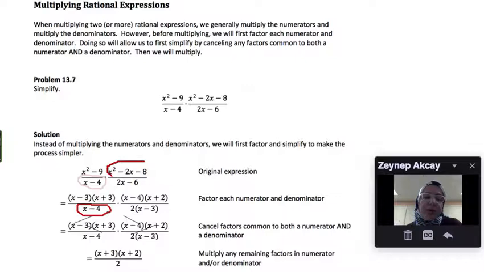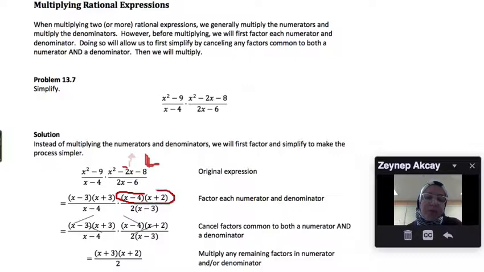The second numerator is a trinomial, which has 3 terms. So we use the grouping method. We split the middle term into 2 by finding the factors of negative 8. So the factors of negative 8 that add up to negative 2 are negative 4 and 2.